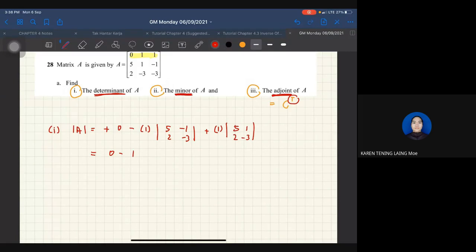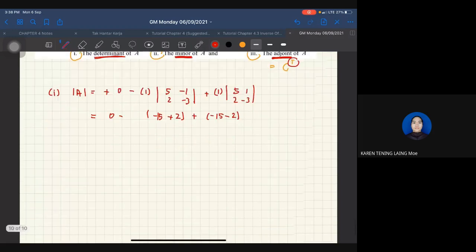Negative 1, 1, and then 5 darab negative 3 is negative 15 over here, and then plus 2, and then plus this one, tak perlu tulis 1 pun sebab dia 1 sahaja. Okay, and then lastly awak akan ada negative 15 minus 2.